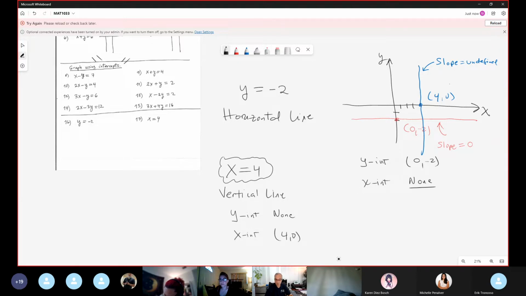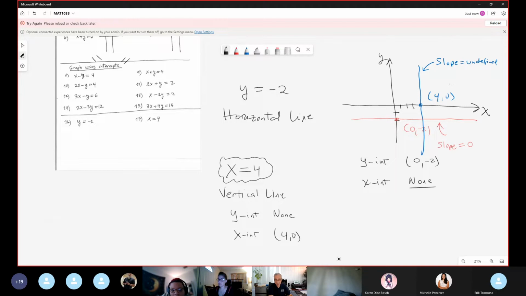So in this moment, I suppose everyone recognizes very well the horizontal line and vertical line, and you memorize the format. Y equals any number is horizontal. X equals any number is vertical. The horizontal has slope 0, and the vertical has undefined slope. And for the intercepts, one is missing.